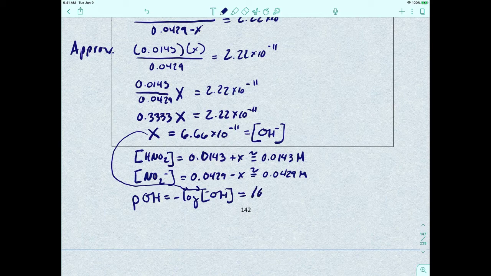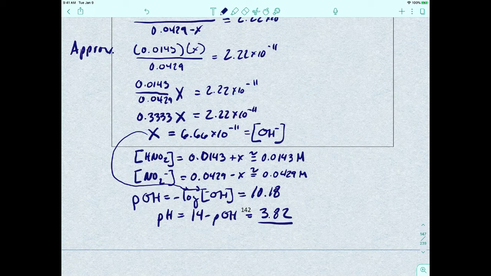So the pOH comes out to be about 10.18. And then pH is 14 minus pOH. So 14 minus our answer should give us a value of about 3.82.